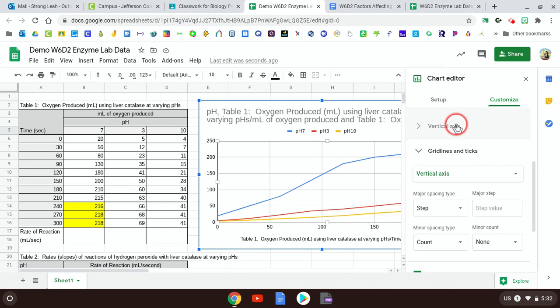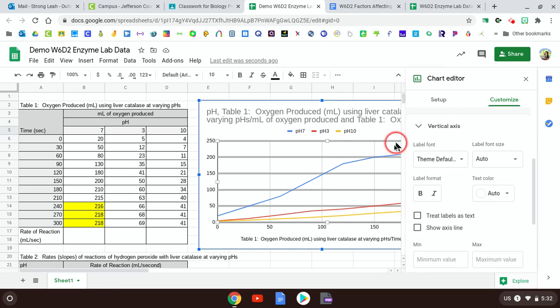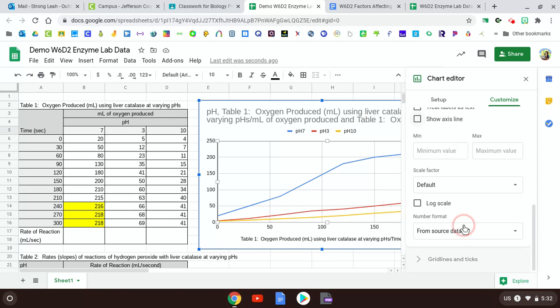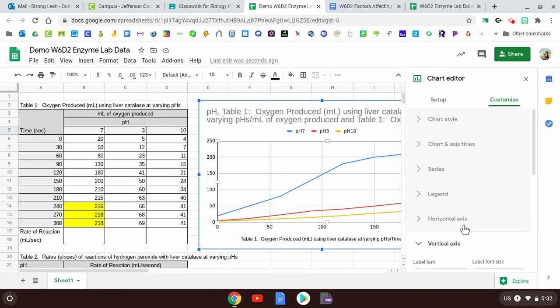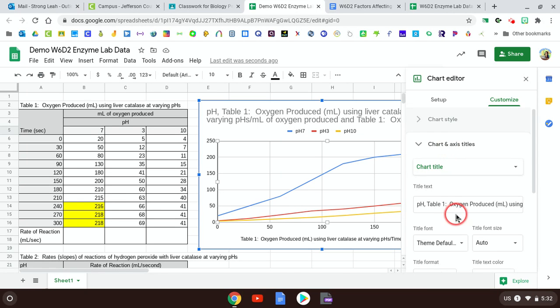Remember, if you need to change your vertical axes, you can customize them in here. That's it. Charts and axis titles. So then you can change them, as well as the chart title, because the chart title currently is not a good title. Now that's what you're doing on your own when you put your graphs into the document.